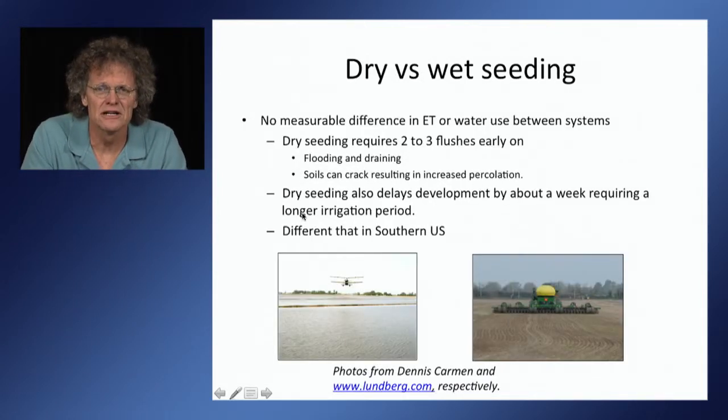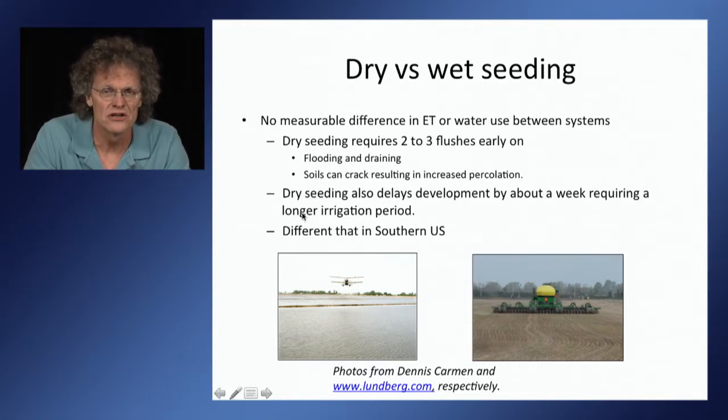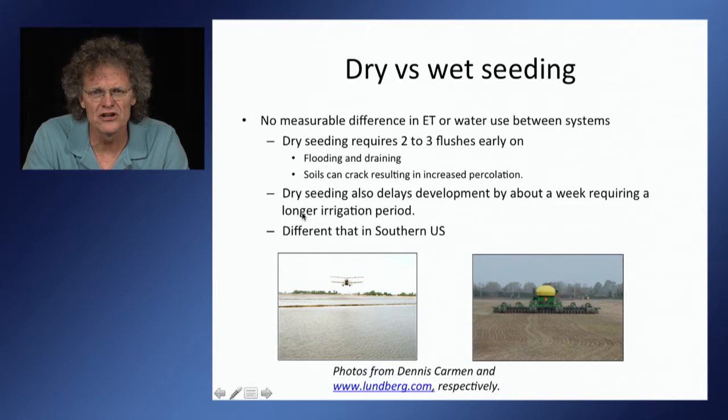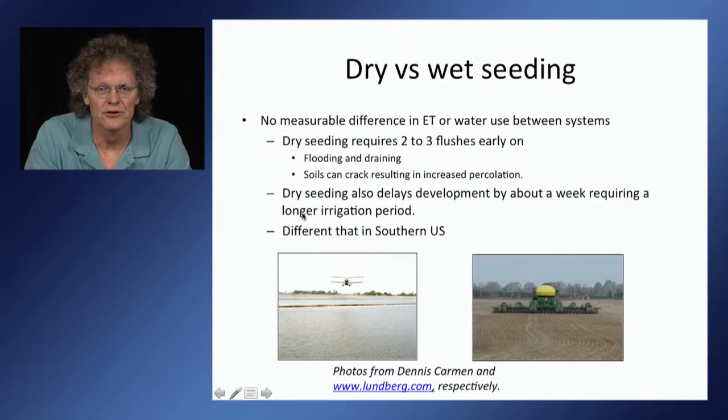So if we first look at dry versus wet seeding, the common practice here in California is wet seeding, or water seeding. Water seeding is where we fly on seed onto a flooded field, and the field remains permanently flooded from then on out. In dry seeding, or drill seeding, the rice is often planted similar to a wheat or corn crop with a drill seeder.